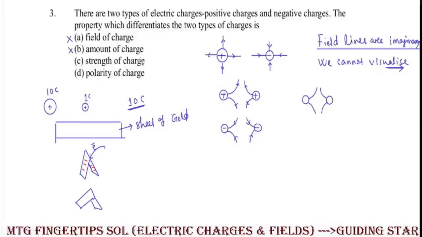Similarly, strength of charge. What do you basically mean by strength of charge? Suppose in this particular case, I'll be taking a positive charge of 10 coulomb and another positive charge of 1 coulomb. Clear?